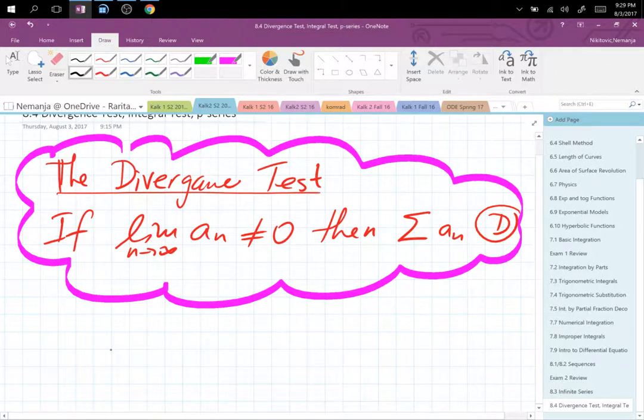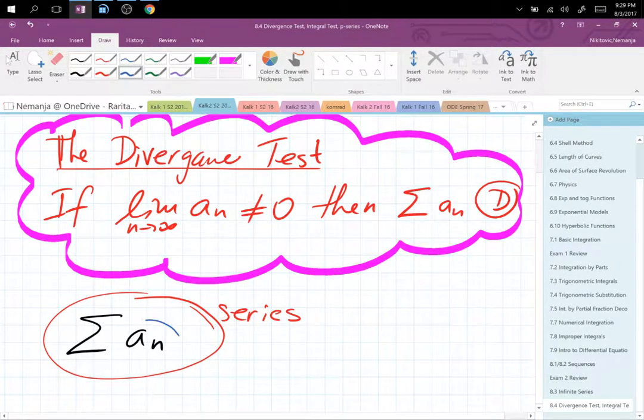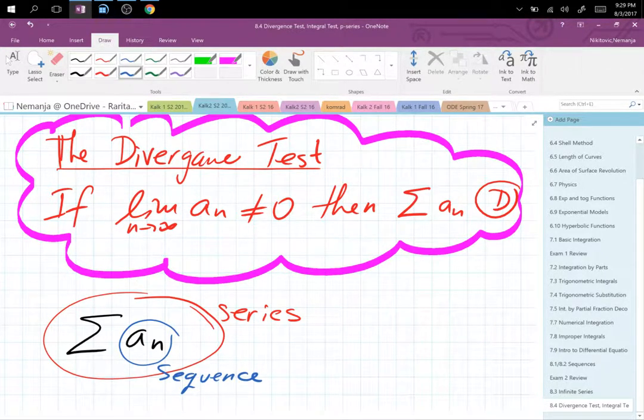When you write the summation of a_n, the entire thing is the series, and the little a_n inside is the sequence. You strip off the summation part, which takes out all the addition, and you're left with a list of numbers. You take the limit of that list.